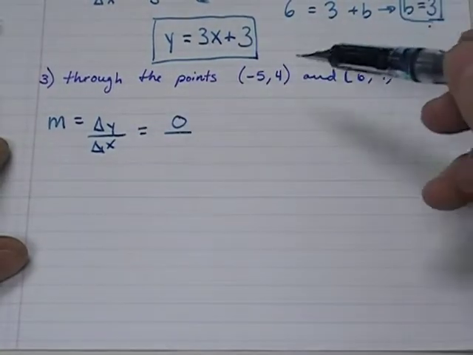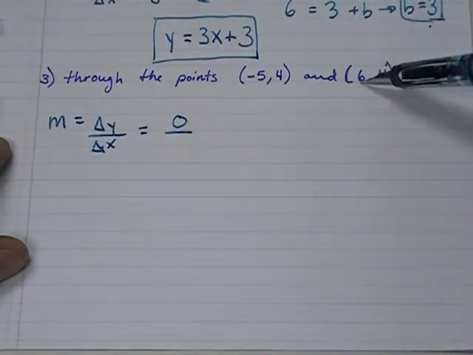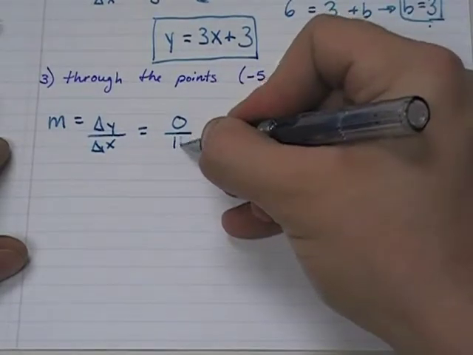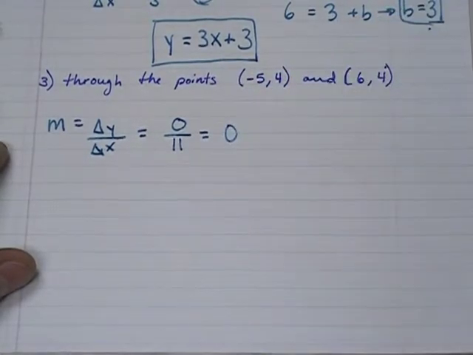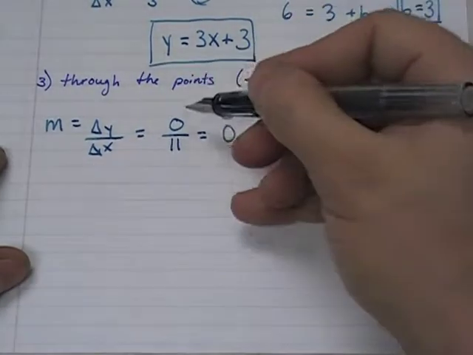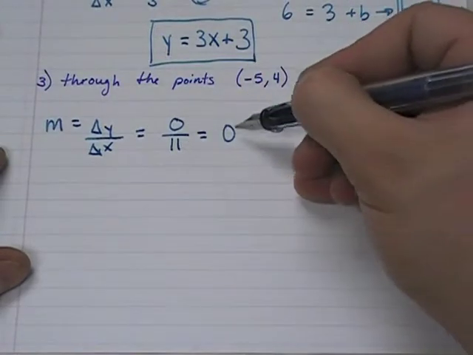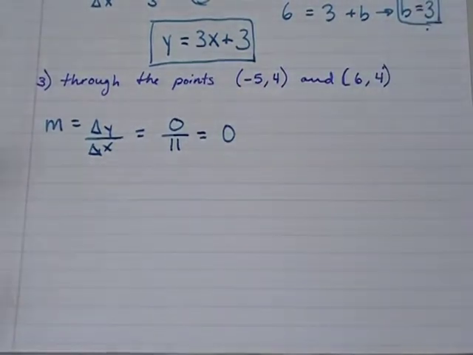And x goes from negative 5 to positive 6, which is a change of 11. Well, 0 over 11 is just 0. If you cut nothing into 11 pieces, you get nothing. So the slope is 0.